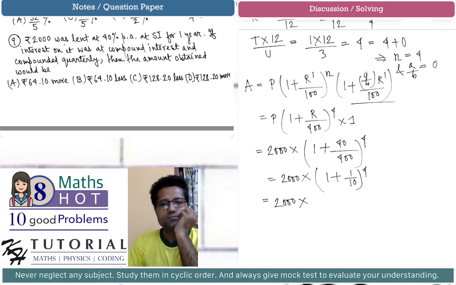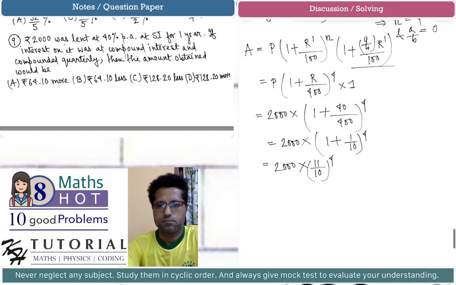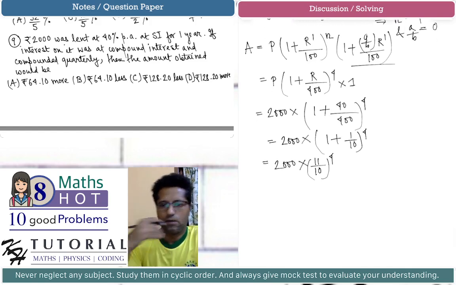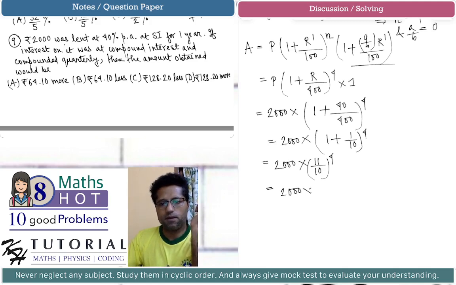So this is 11 by 10 whole to the power 4. This is equal to, we have to find 2000 multiplied by 11 to the power 4 divided by 10 to the power 4.